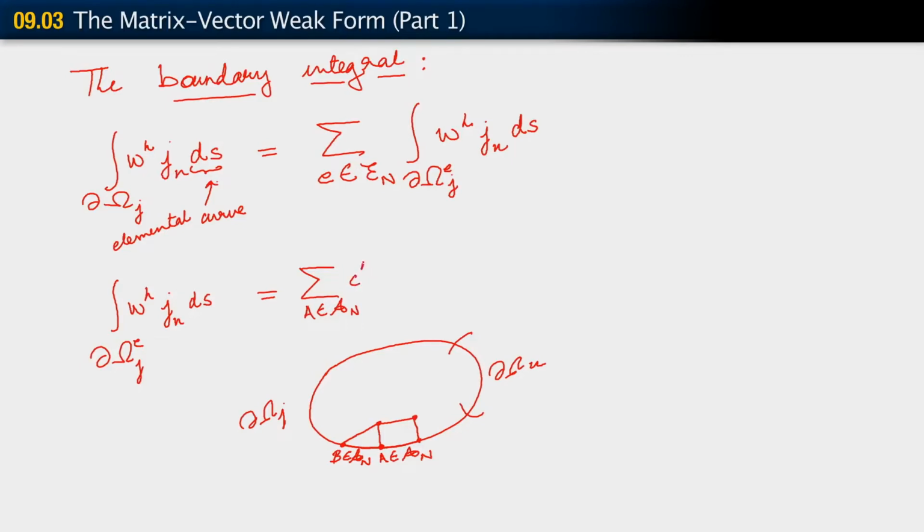So we have A belonging to A sub n, c_A^e, integral over, now we need to go to the element boundary, but in the parent subdomain.